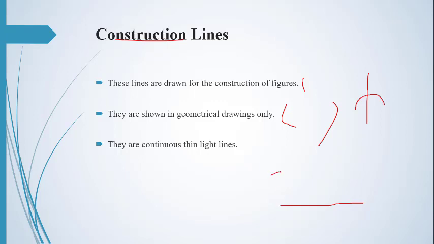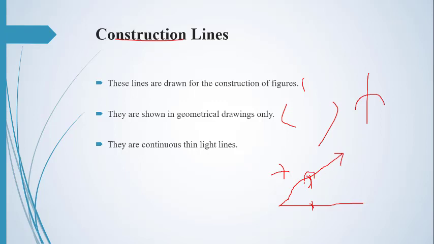I draw a line here and here. For example, this is 90 degree, and from the 90 I keep the compass here, here, and here. So this line is achieved with this.